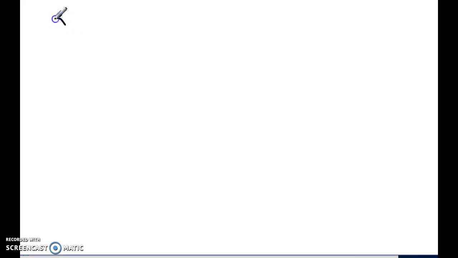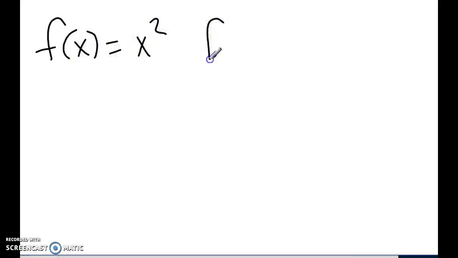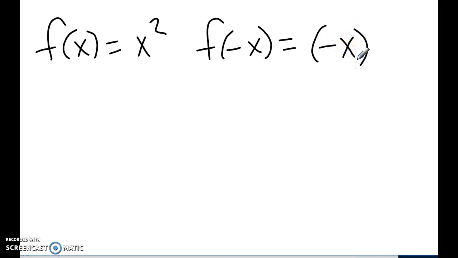So suppose I have the function f of x equals x squared. So what I'm going to ask you to do is find f of negative x. Well, if I plug in negative x, or I should really say the opposite of x, if I plug that in to the original function, well, any negative number or positive number squared is going to end up being positive.